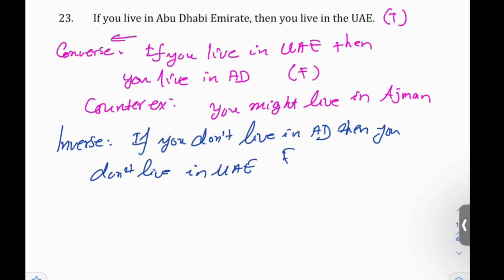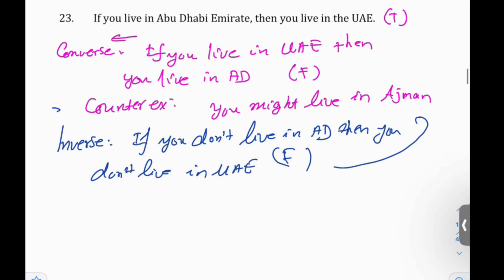This is also false because I can be not living in Abu Dhabi, but I'm still in UAE. The same counter example can be used, by the way. You can live in Ras Al Khaimah. I am not living in Abu Dhabi, I'm living in Ajman, but I am still in UAE. And as you see, these are logically equivalent. Last is the contrapositive.